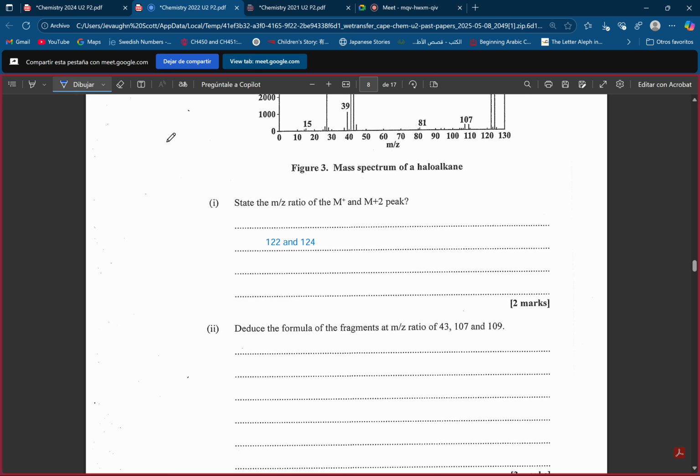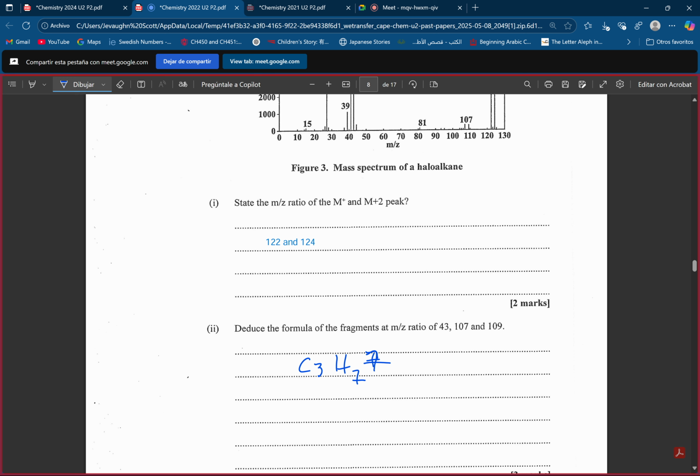It could be a propyl one or an acetyl, right? But based off of this, I think propyl would be the best response. C3H7 plus, right? That would be 43.